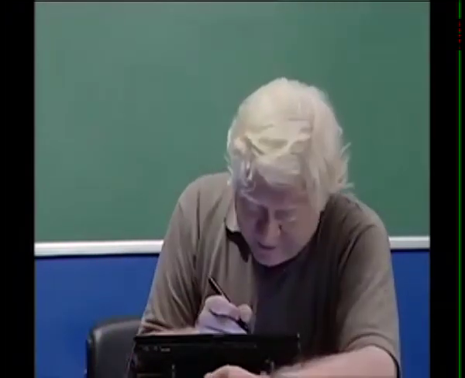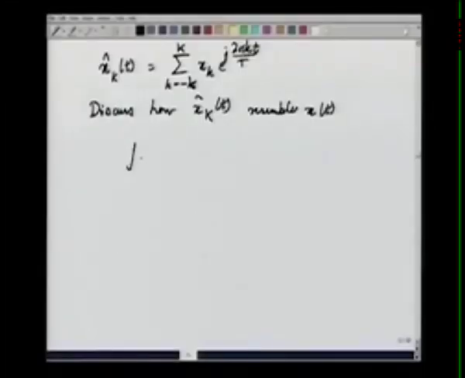That means, if you take the integral of e to the j 2 pi k t by T and correlate it with e to the j 2 pi l t by T, that is e to the minus j 2 pi l t by T. Remember, I am putting a minus sign here because the second member of an inner product has to be conjugated, dt from 0 to T.